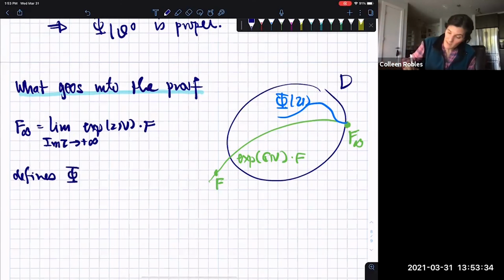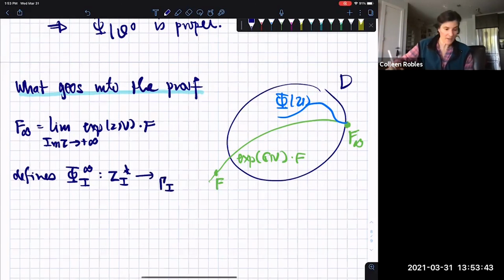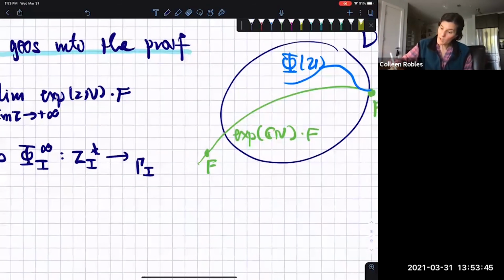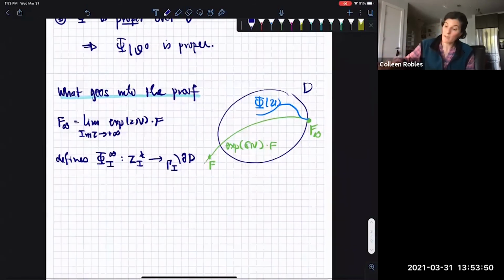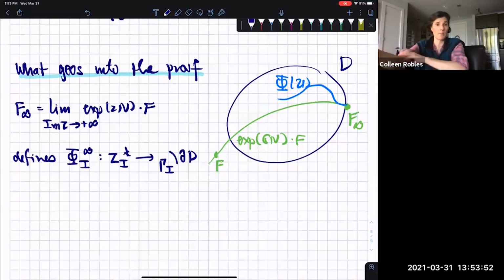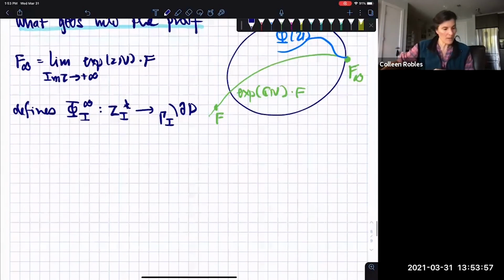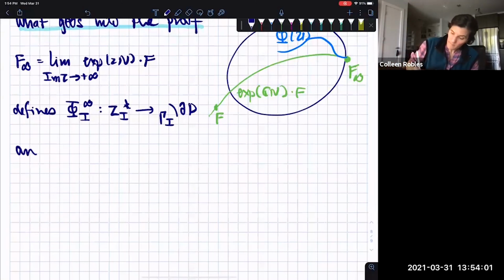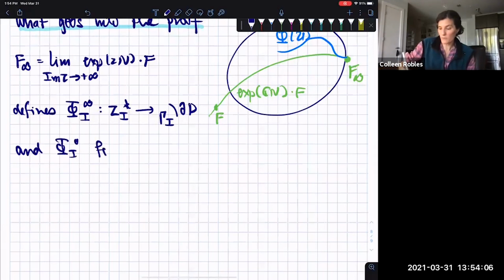So it defines a map on the strata, again, that takes value in the topological boundary of the period domain inside the compact dual. And in fact, it takes value in a real group orbit, although we don't need that. But what is important is that phi I naught factors through this map.